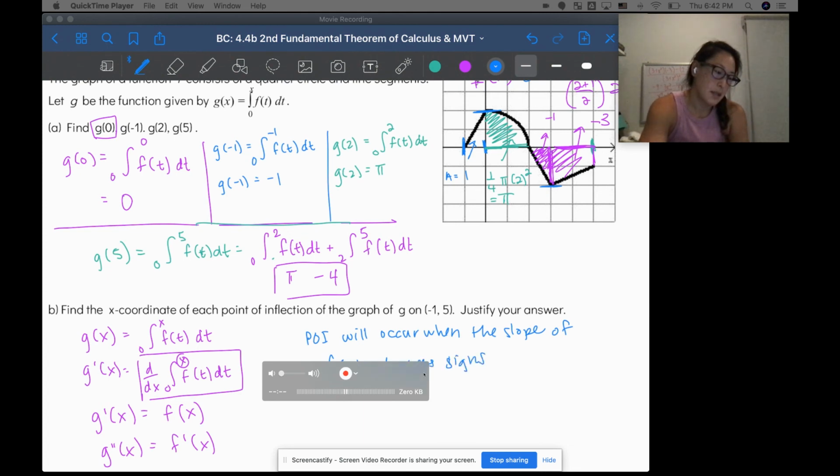Fun times. So that occurs at x is equal to 0 right here, and x is equal to 3, 1, 2, 3. So the slope is negative and then it changes to positive. Okay. So we'll have points of inflection at 0 and 3.